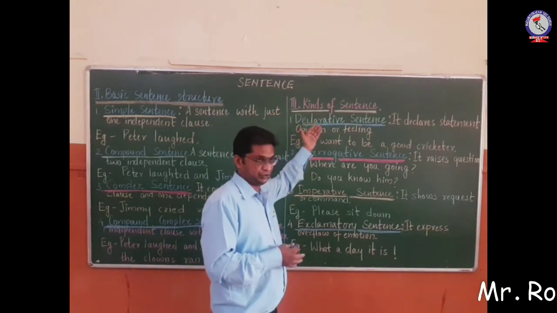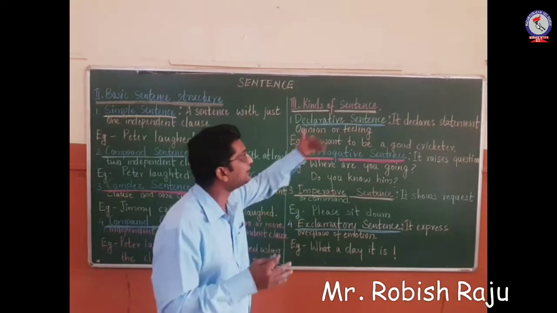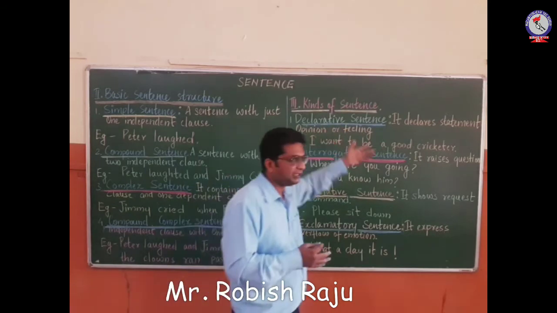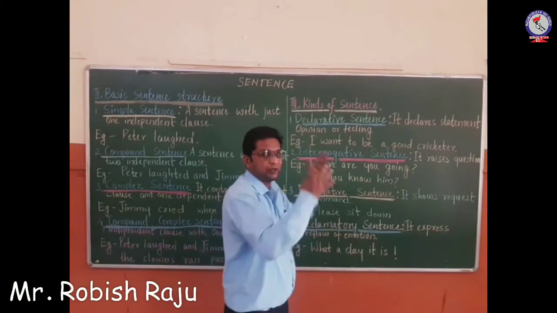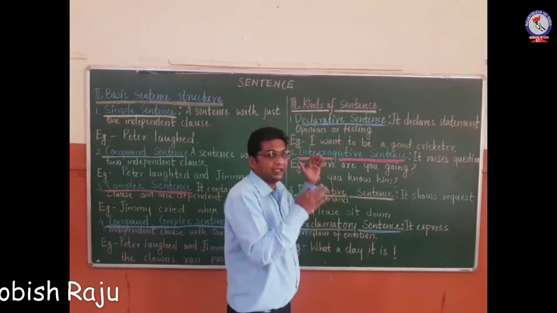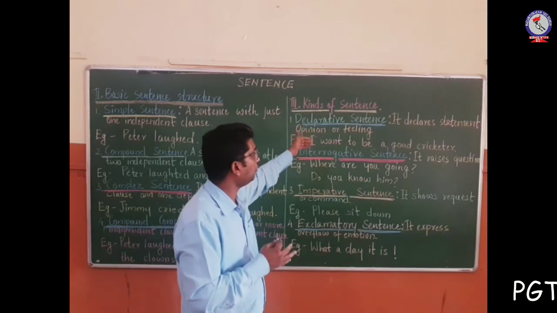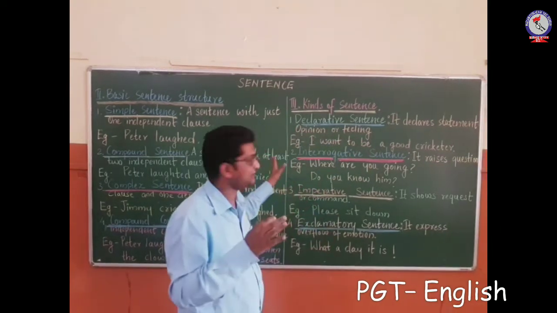Declarative sentence. Now, what do we understand by declarative sentence? It declares a statement, opinion or feeling. A declarative sentence would declare something in a statement or in an opinion or feeling. See the example here for better understanding.